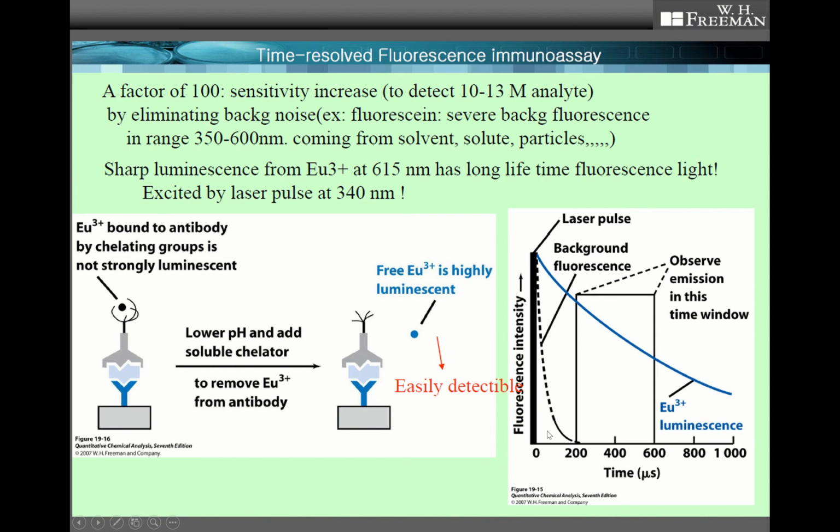Now you excite the system with the laser pulse here, a very short pulse, and then there is fluorescence not only from your species, which is now the europium ion, but also from the background, like the solvent and the particles, all kinds of background fluorescence.